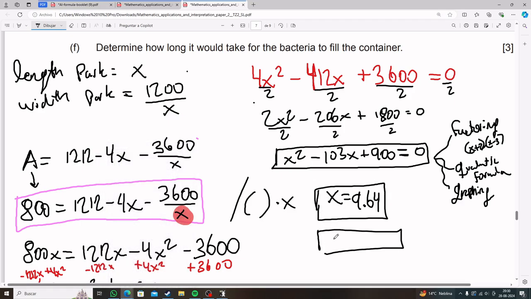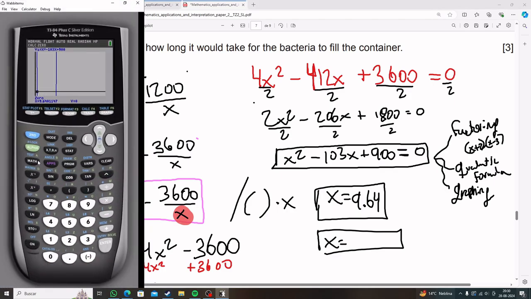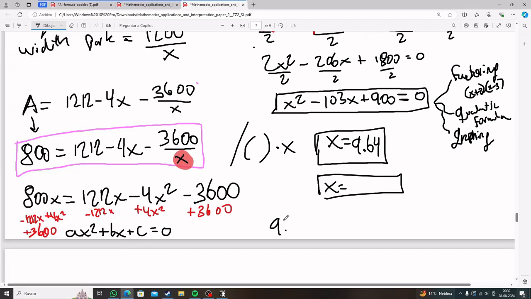The other x value that you can get from over here, if again I do calc zero, go all the way to the right, and then make sure my left bound and right bound are correct. All right, so that's good enough. That's my other x value. So 93.35. If you think in terms of significant figures, I'll just show you quick.